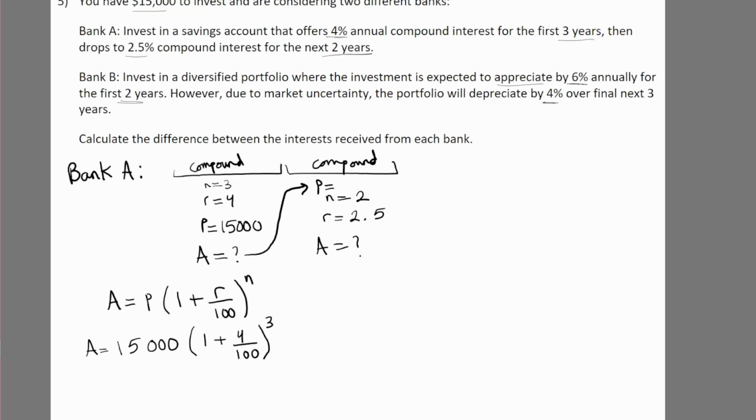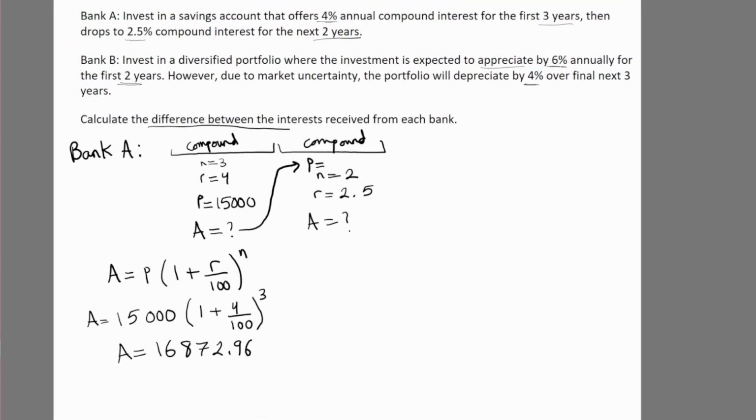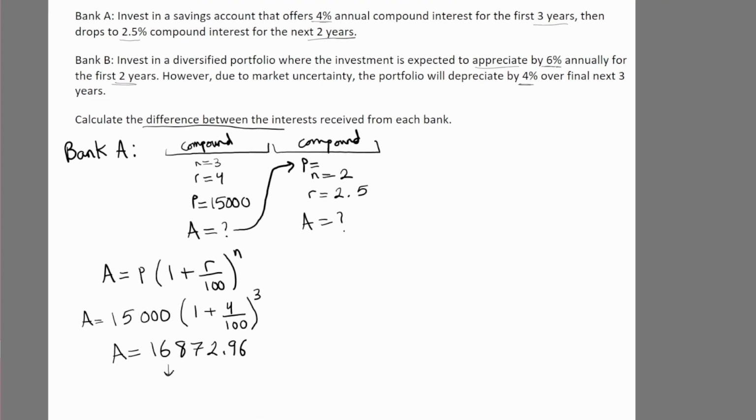I'm going to go ahead and plug those numbers on the calculator. And we get that the amount is equal to 16,872.96. I will keep everything accurate right now because the final answer requires us to find the difference between the interests. Okay, and so this is the amount we have. This is the final amount.